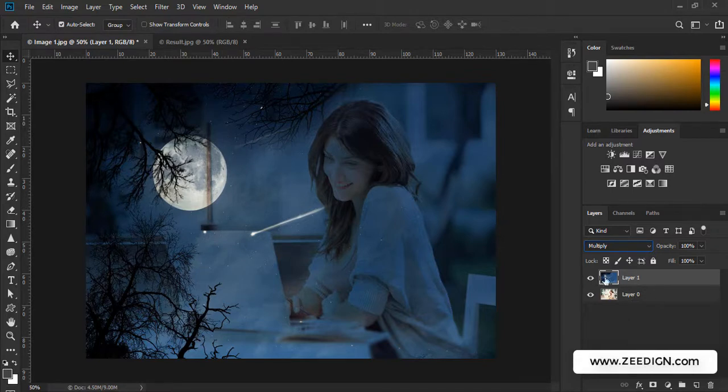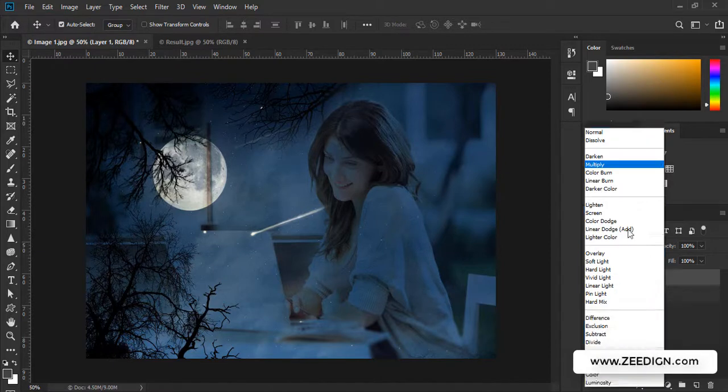Even though I have selected the top layer and it is not removed, you could still see the preview of the layer in the bottom. In other simple words, both of these layers appear to be blended or merged together. So this is all about blend mode.